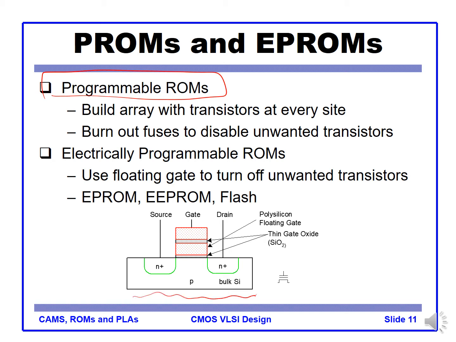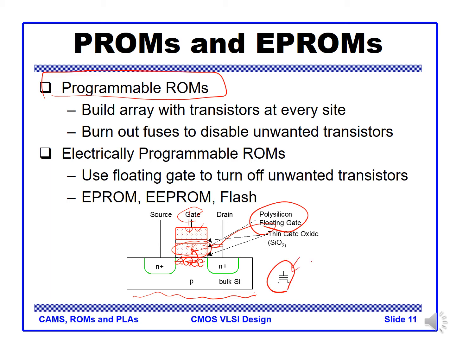We have this transistor structure similar to NMOS, but it has a floating gate in between the gate and channel. So this floating gate has the role of storing the value. Having this, if we assert a very high voltage on the gate, the electrons on the channel will jump onto this floating gate, and that will change the threshold voltage of the transistor.